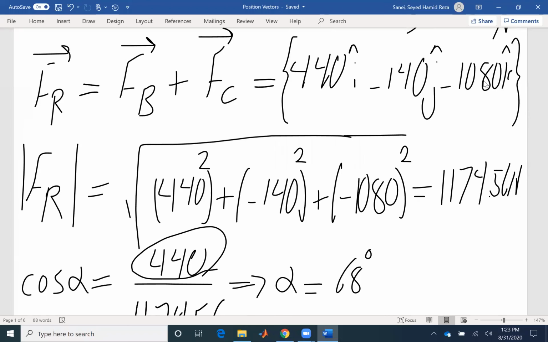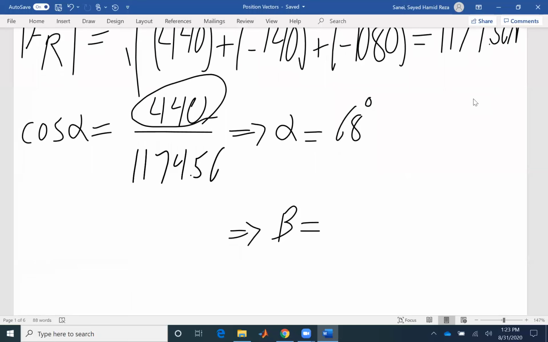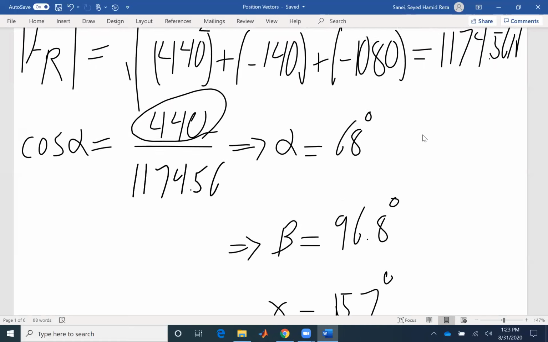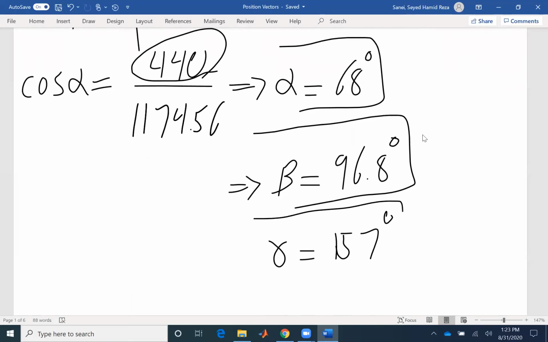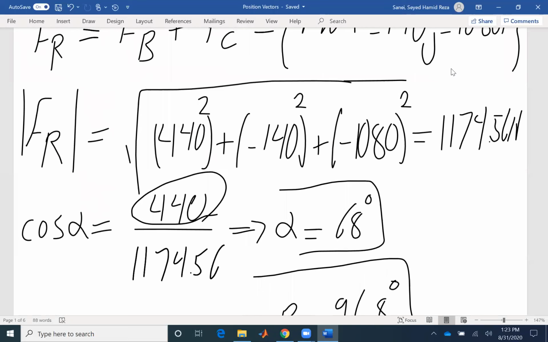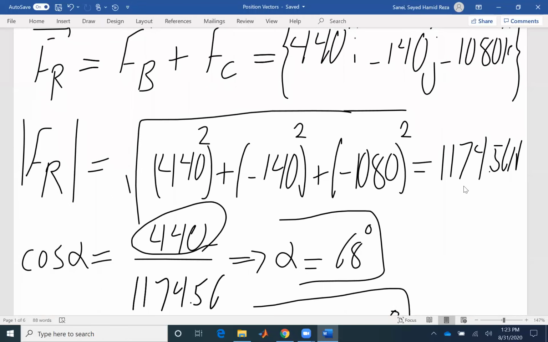And for gamma, you're using negative 1080. So beta would be 96.8 and gamma would be 157 degrees. So now we have the answers. These are the coordinate direction angles, alpha, beta, and gamma, the angle of the resultant vector with each axis. Also, this one is the magnitude.